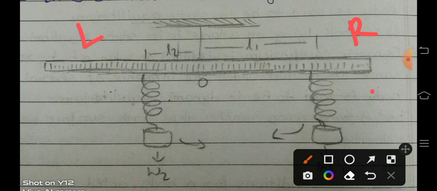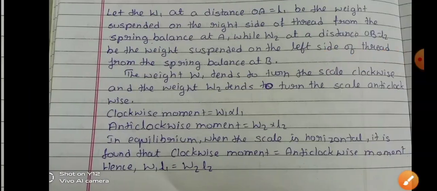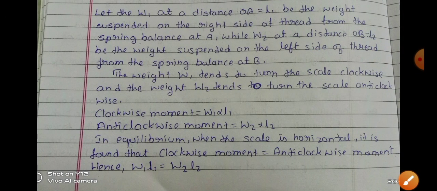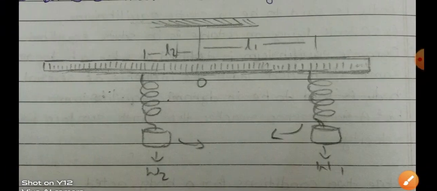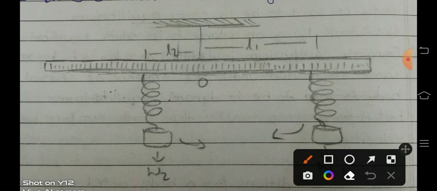From O to A the distance is L1. From O to B the distance is L2. Now the weight W1 tends to turn the scale clockwise, whereas W2 tends to turn the scale anti-clockwise.